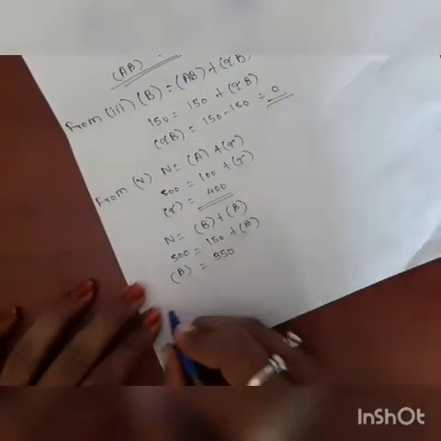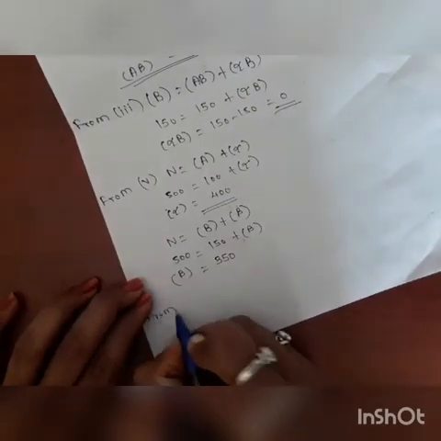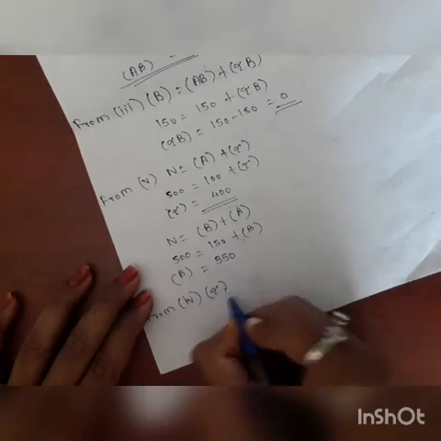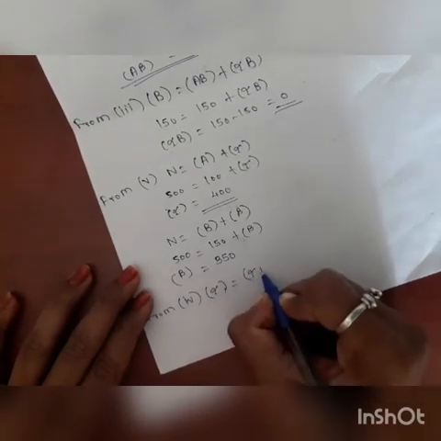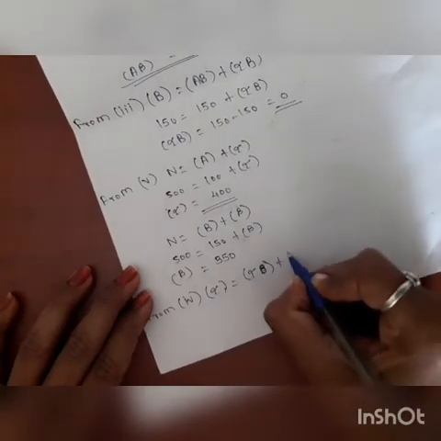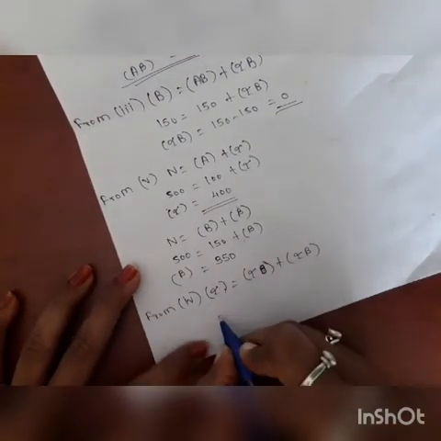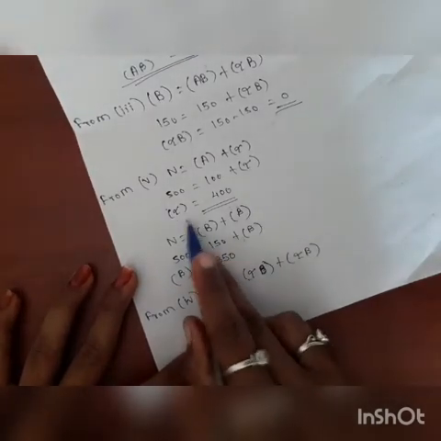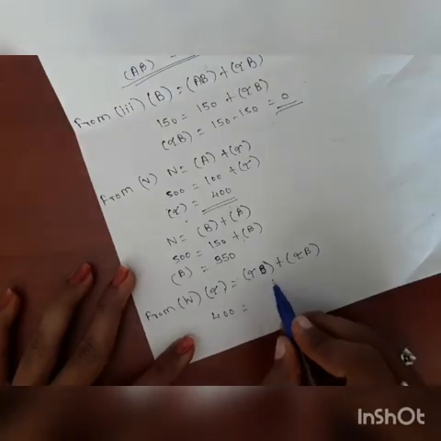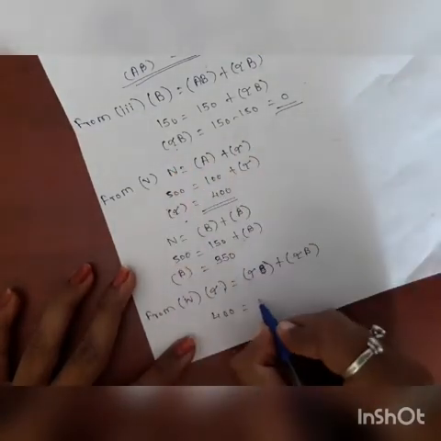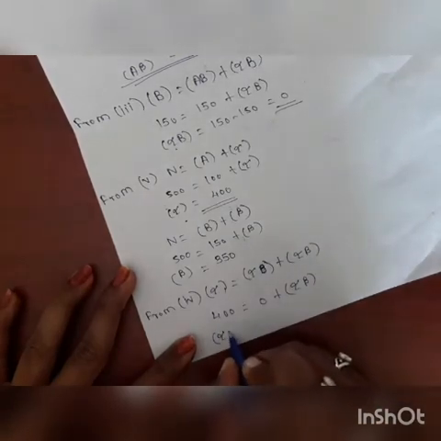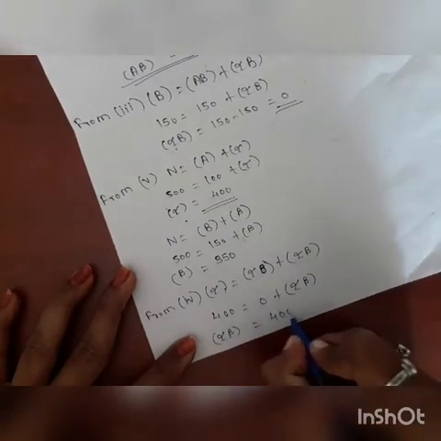Then consider the last equation, from the 4th, (α) is equal to (αB) plus (αβ). The value of (α) is 400, which is equal to (αB) is 0 plus (αβ). Then (αβ) is equal to 400.